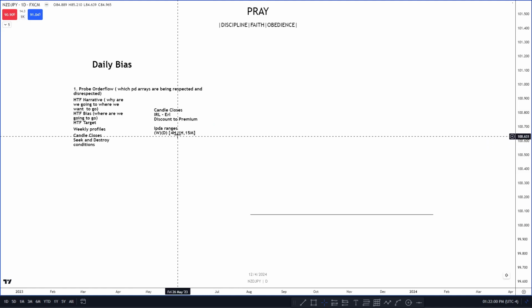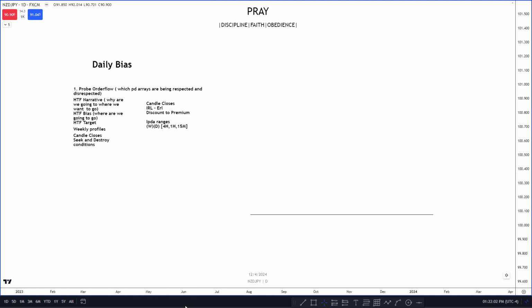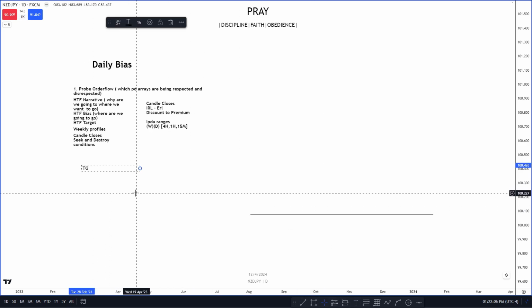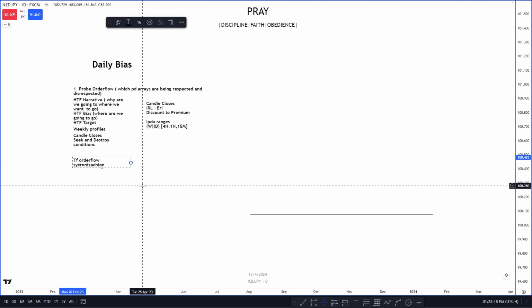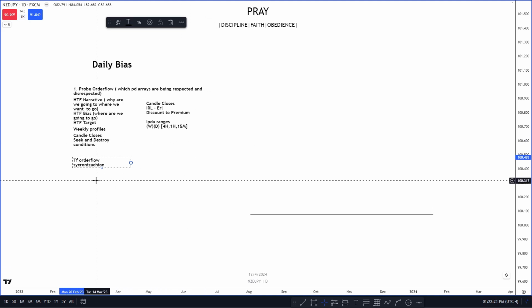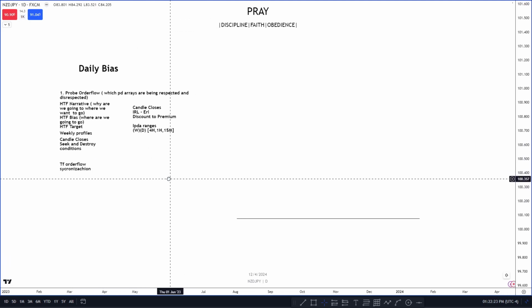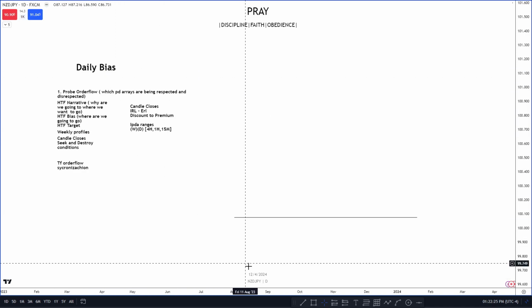So those are usually what I use. And then you have time frame order flow synchronization. So I know this seems like a lot, and I know I spelled synchronization wrong, but they usually all flow into one. So now I'm gonna show you basically and explain all of these, right?